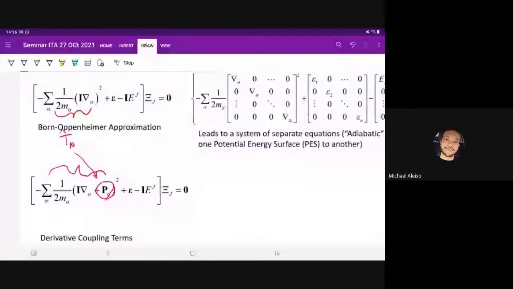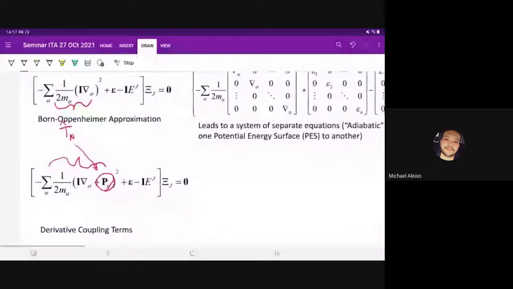Today, I'm not going to talk about how we came up with this, where this P matrix came from. Consider that a little bit of a tease for taking my mini course in a few weeks. We'll talk more about the origin of these derivative coupling terms. But for today, we're just going to say we know that they're there, that this is an extra matrix in here.